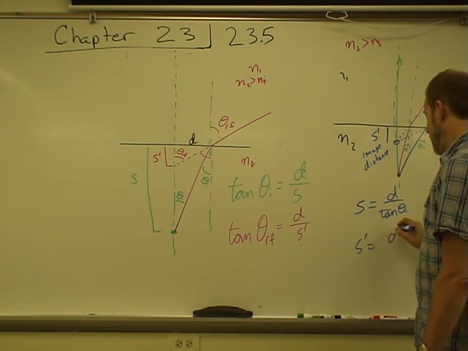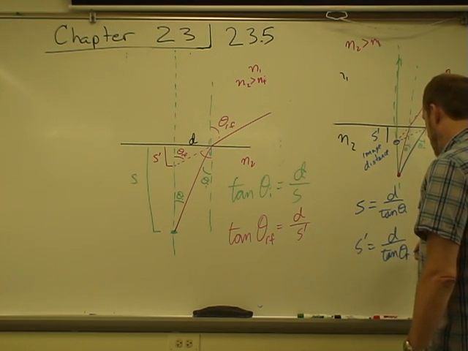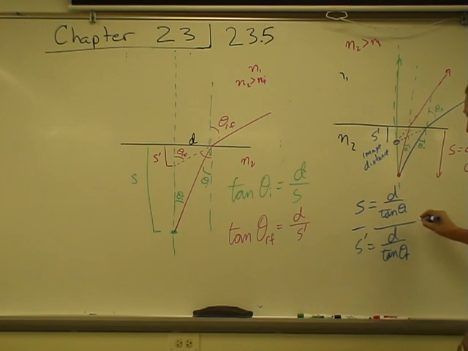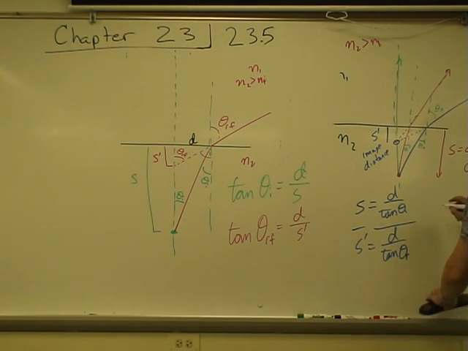S prime is equal to d over the tangent of the angle of refraction. If I divide one of those by the other, I have that s, the object distance, over s prime, the image distance, is equal to the tangent of the angle of refraction divided by the tangent of the angle of incidence.